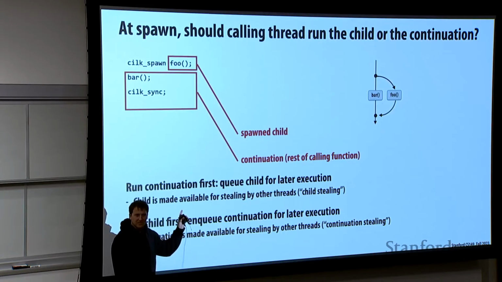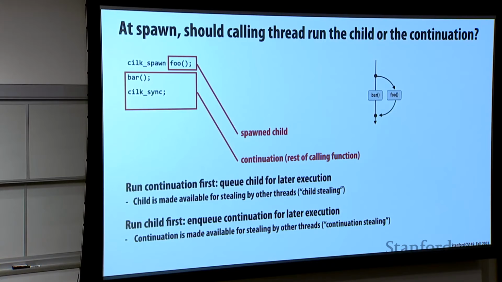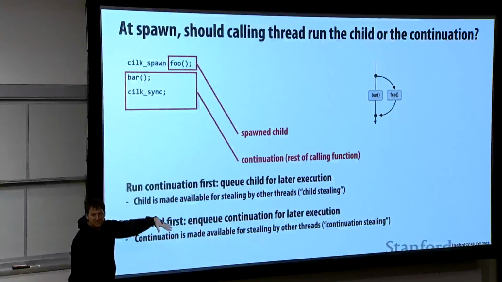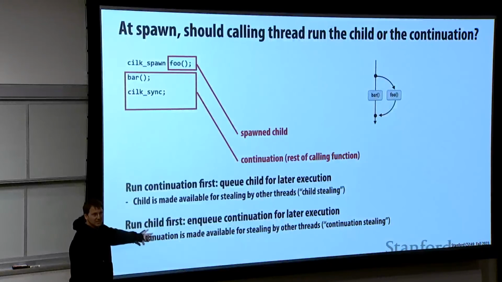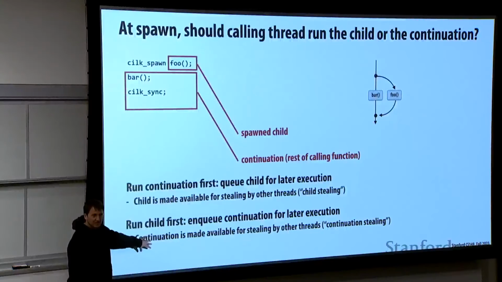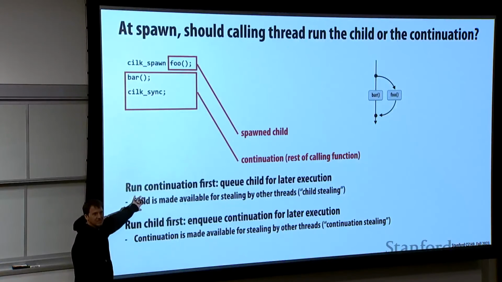Did I say the same thing twice? I can't remember, but I think you get the point. Running the continuation first is queuing the function call for later stealing. Running the child first is queuing the continuation for later stealing. This is the same order as a serial program. This is a completely different order.